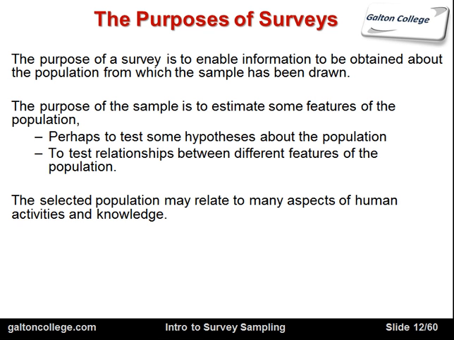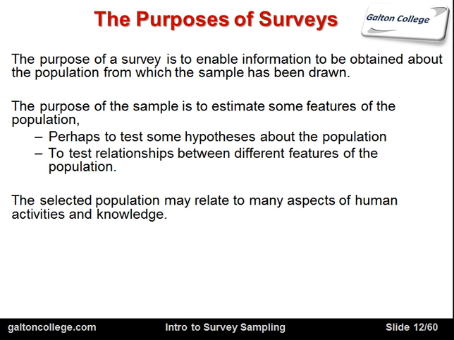The selected population may relate to many aspects of human activity and knowledge. So when we talk about population here, the population could be the number of people, it could be the characteristics of people, people with very good performance in examinations, or people who have joined the armed forces, or people who have run the marathon, whatever.